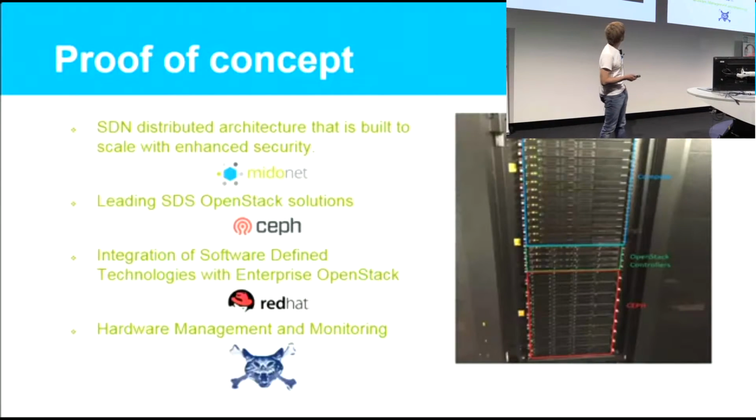Anyway, to do software-defined everything, we decided to use Midonet for network, Ceph for storage, and Red Hat for the OpenStack management and integration platform. The last one is hardware management and monitoring. They use xCAT or something like that.